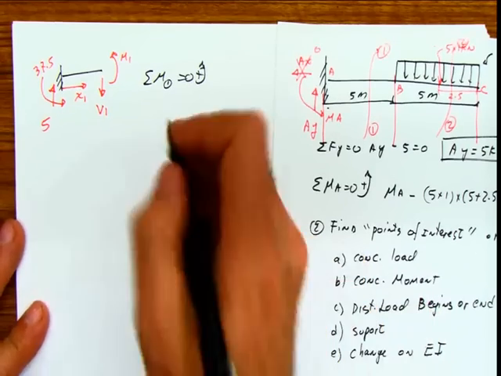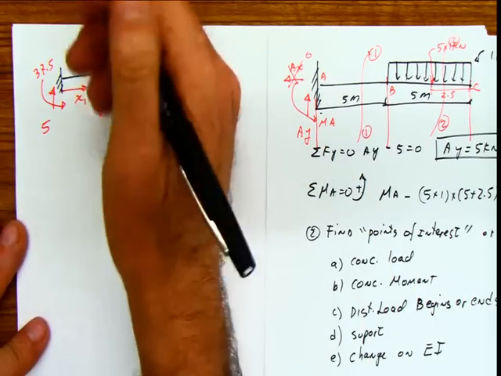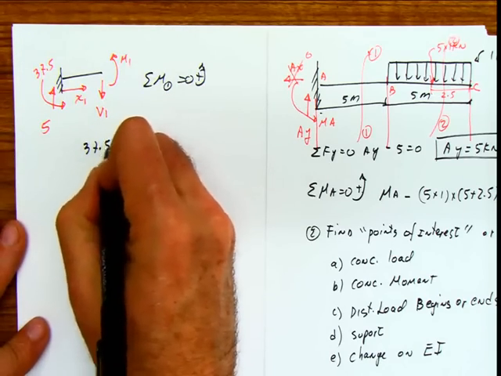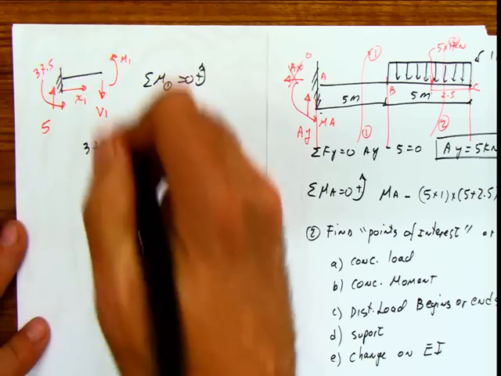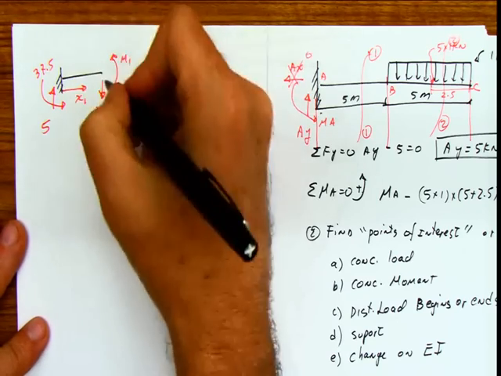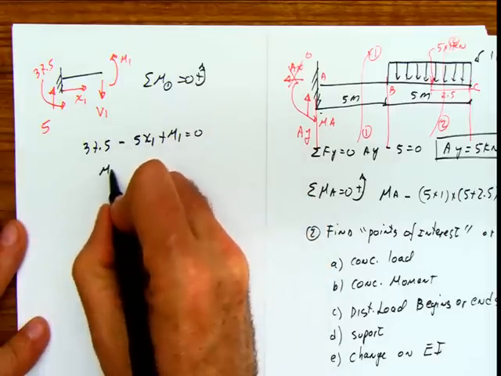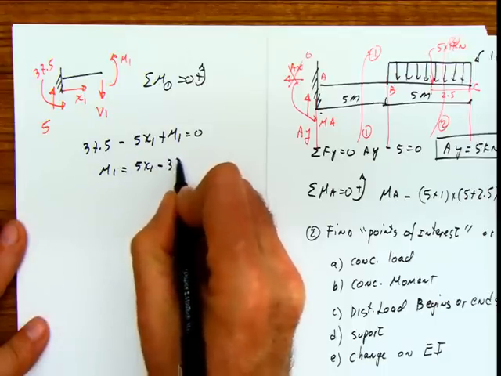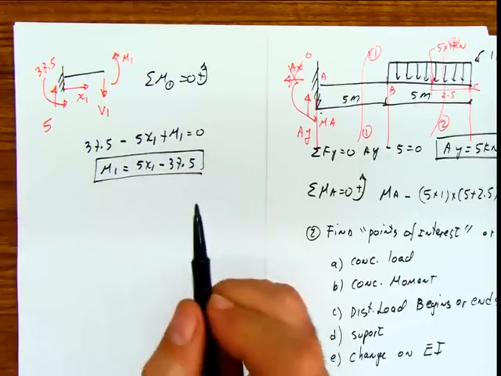Then I have 37.5 minus x1 times 5 in the other direction, plus M1 equals 0. In other words, M1 is going to be equal to 5x1 minus 37.5. That's my first equation for this procedure.